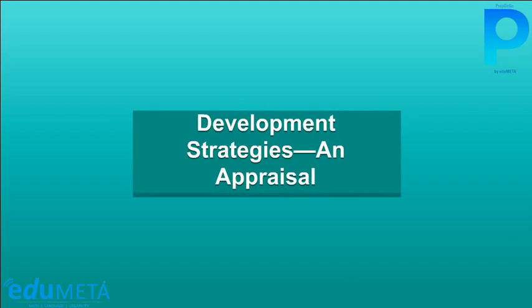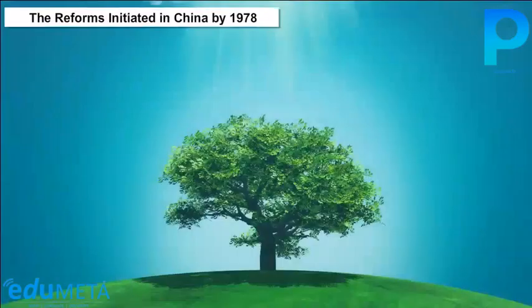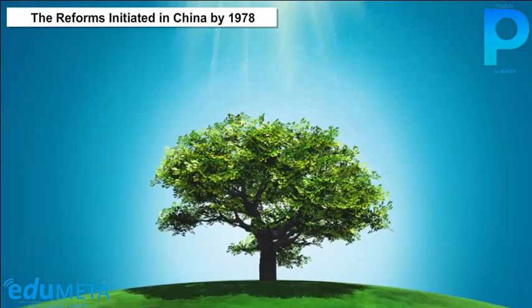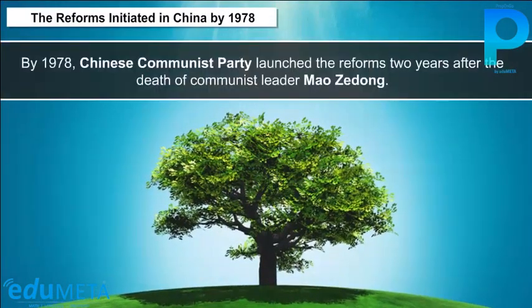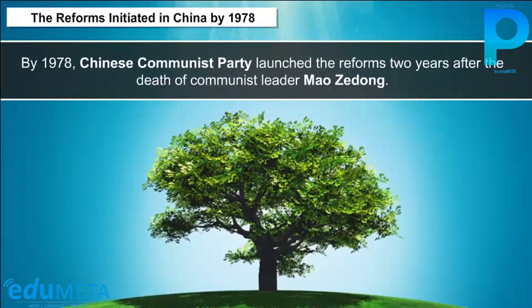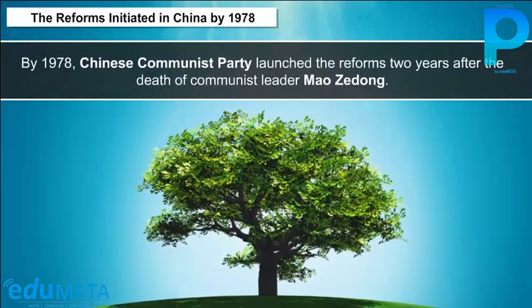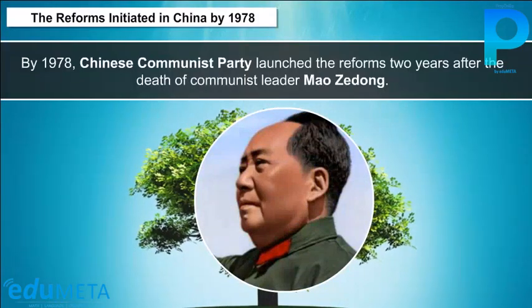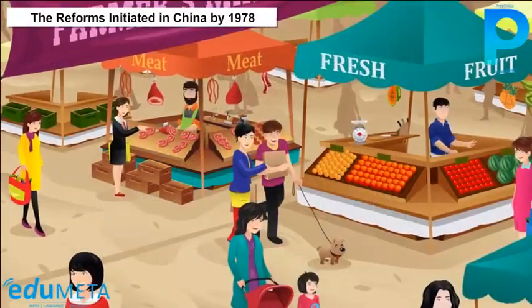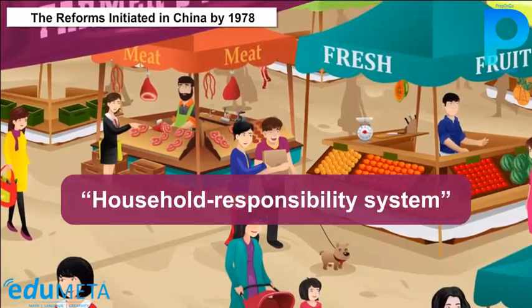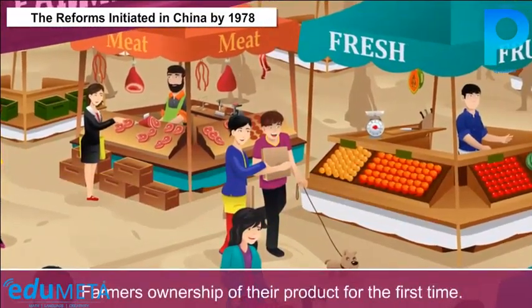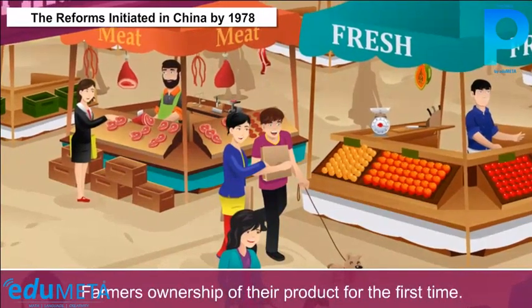Development strategies and appraisal. The reforms initiated in China by 1978. By 1978, the Chinese Communist Party launched the reforms, 2 years after the death of communist leader Mao Zedong. China started the household responsibility system in the countryside, giving some farmers ownership of their product for the first time.